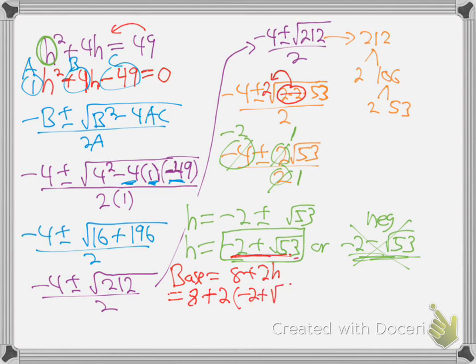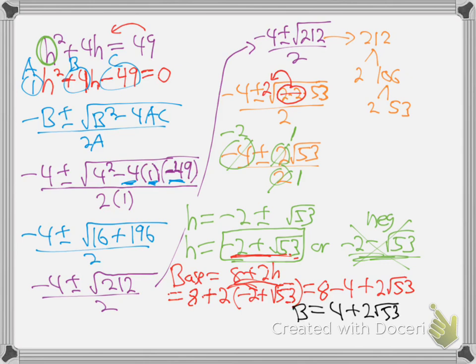Negative 2 plus root 53 equals, I'm going to distribute that. So it's 8 minus 4 plus 2 root 53, right? See that 2 went boom, boom. Then we can clean that up with one more step. 8 minus 4 is 4, plus 2 root 53. That's what the base must be, 4 plus 2 root 53.